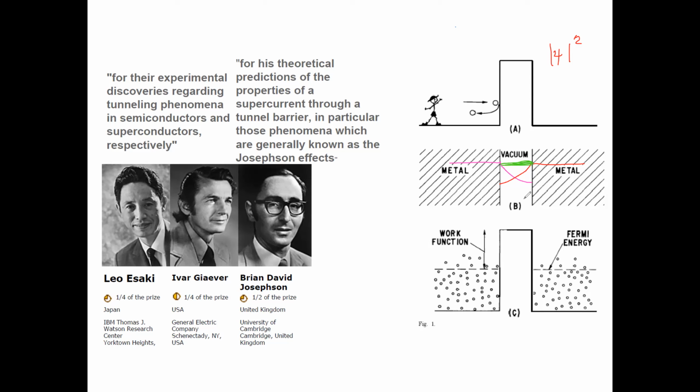So this is the quantum view. You will see that there will be a current flowing from this metal to this metal, even though you have an insulator here. But this metal has to be a superconductor at that time, not normal.